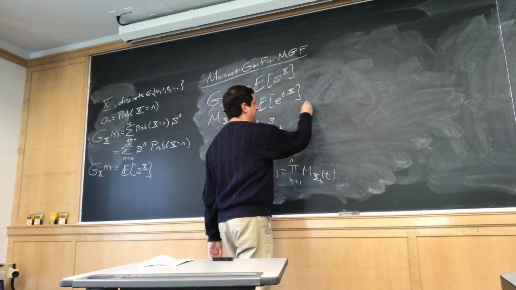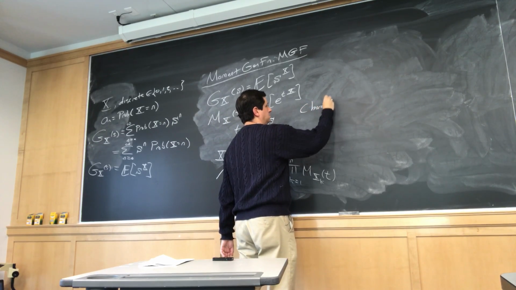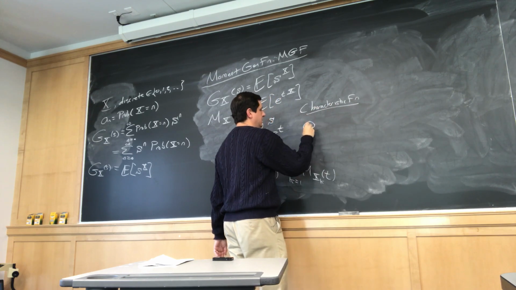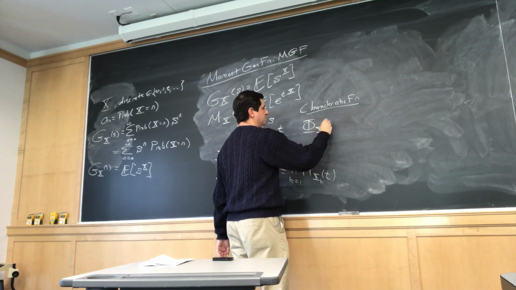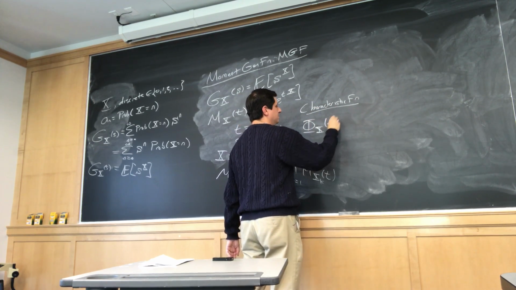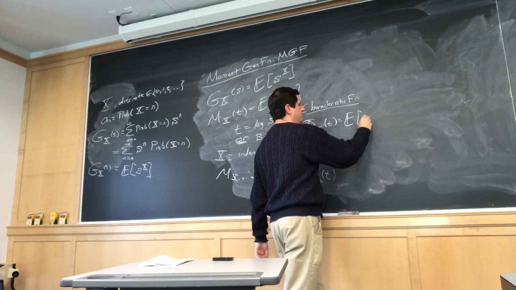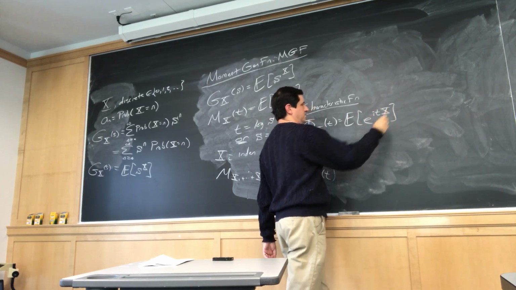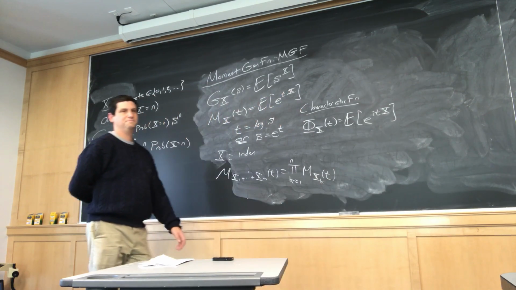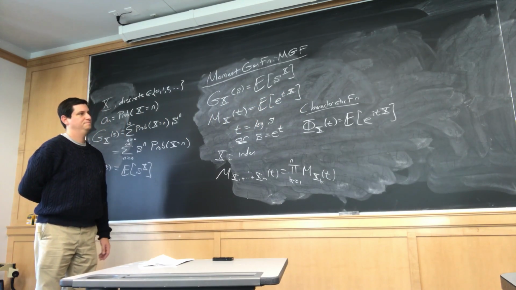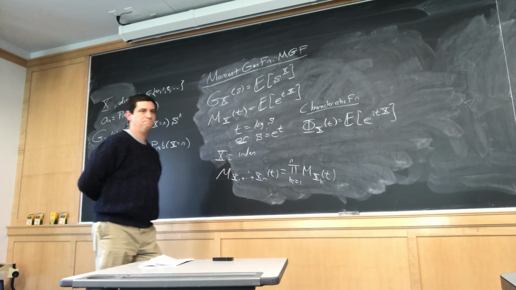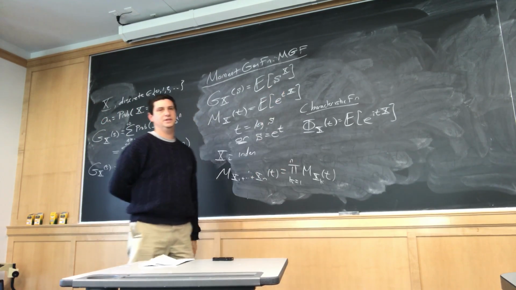Sometimes people look at the characteristic function, which I believe is often denoted maybe phi_x of t, is the expected value of e to the i t x. Is there much of a difference? No, I just replace t with i times t.